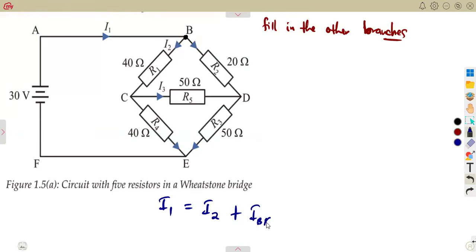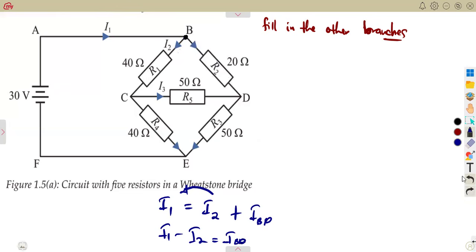Okay, we're going to find it in terms of I1 and I2. So how can you find it in terms of I1 and I2? Simply take I2 to the other side. That's I1 minus I2 is the current across the branch of what? Of BD, this one.